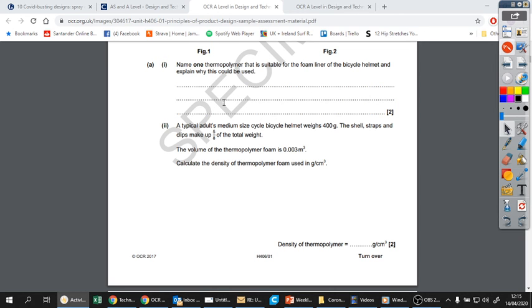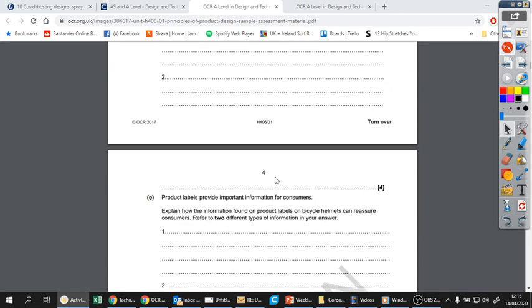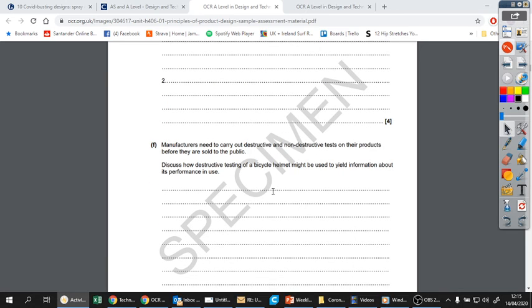So remembering all the bits I've just gone through, do the first section up to F, and then I want you to email me these questions. If you've just written them down, take a photo of them and email them to me. I'm just checking that you're answering them correctly, so that you've got the exam technique nailed for each of the questions.